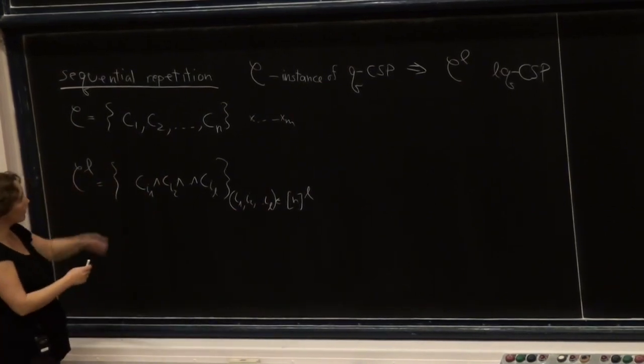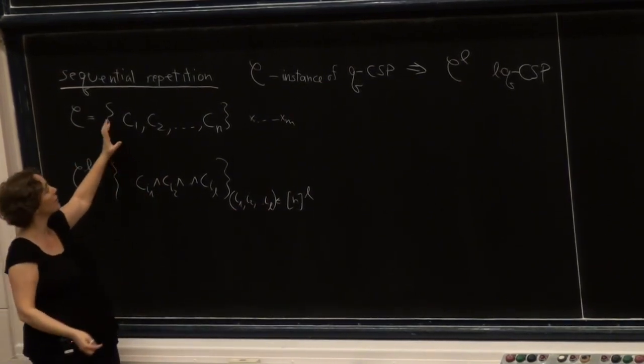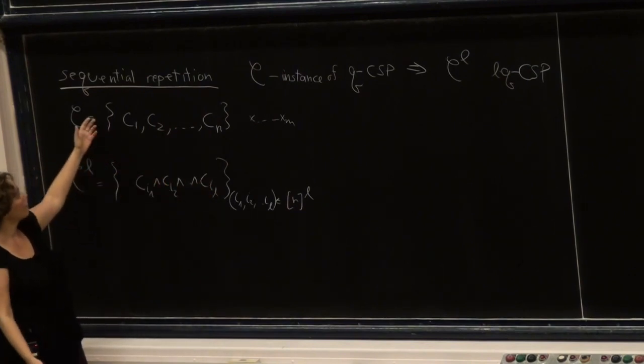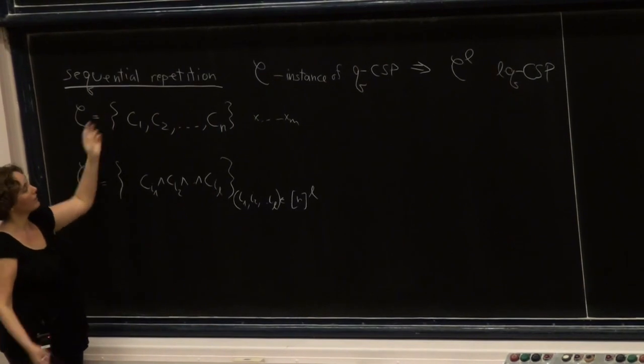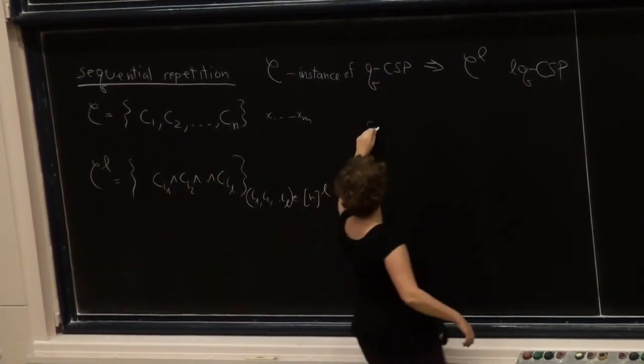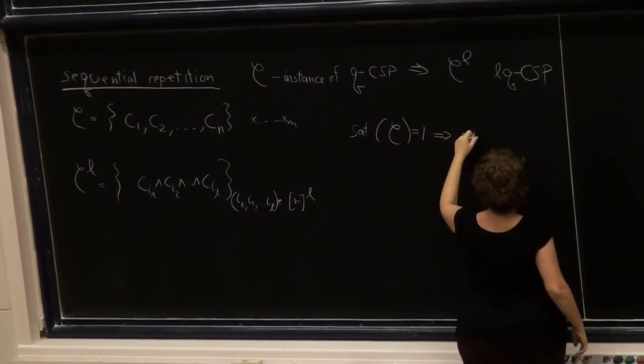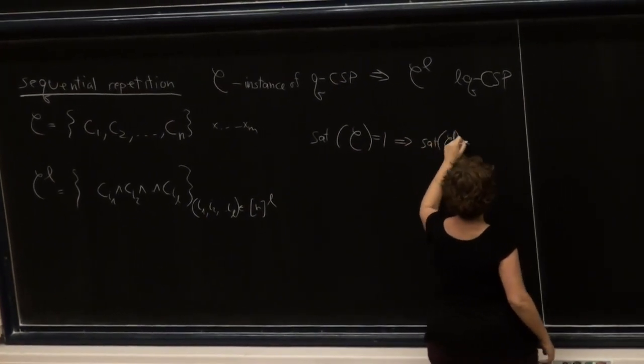But the nice thing is it's obvious, right? If you have an assignment that satisfies all of these, you have an assignment that satisfies all of these. So sat of C is 1 implies sat of C to the L is 1.